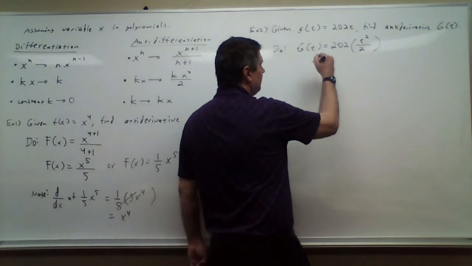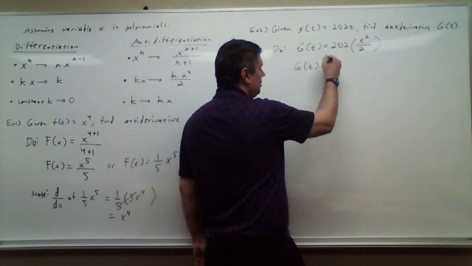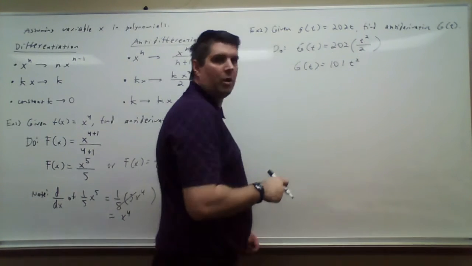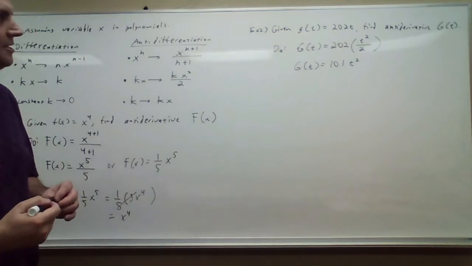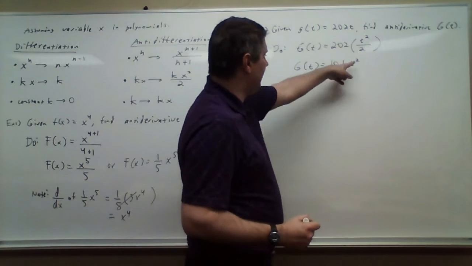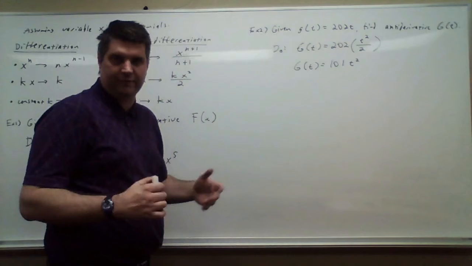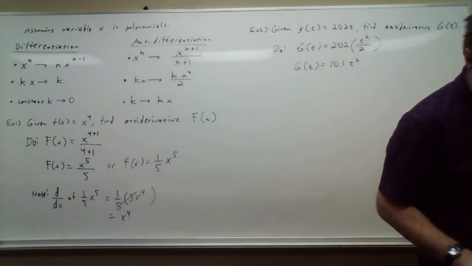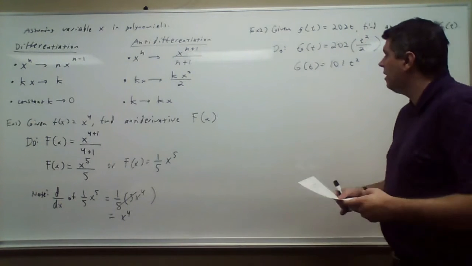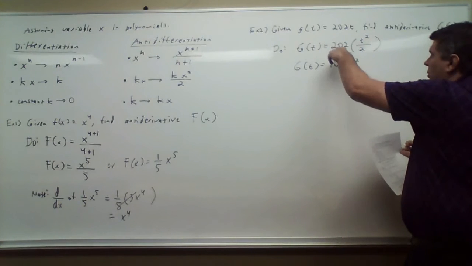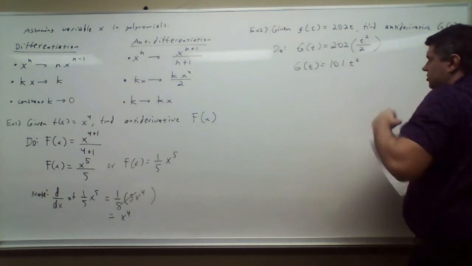So, 202 divided by 2 leaves you 101. So 101t squared. Notice that if we took the derivative of this with respect to t, it would give us 2 times 101, 202, which would be 202t to the first.